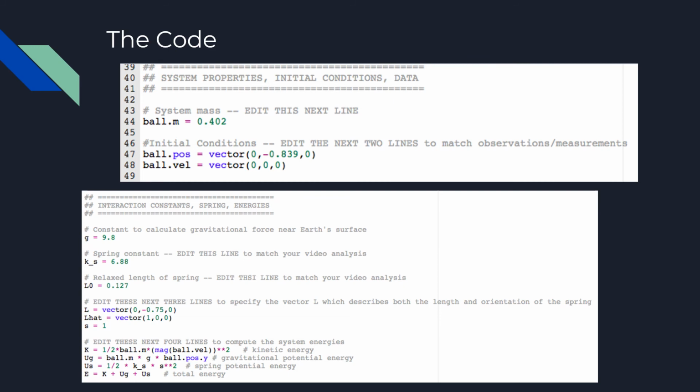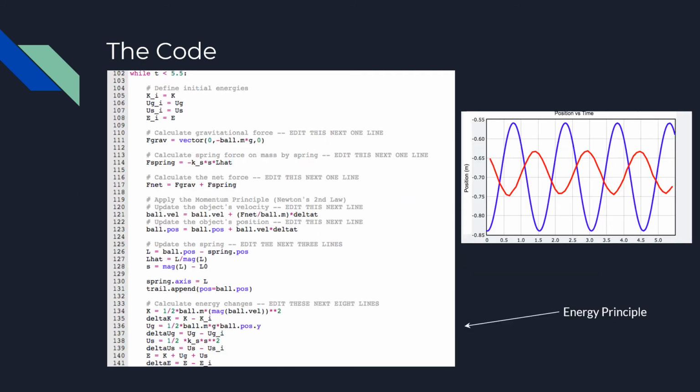Then the next lines are directly related to the energy principle: kinetic energy, gravitational potential energy, spring potential energy, and then the total energy is equal to all of those added up. This next part of the code is what these different forces will actually be, and I had to plug those in ultimately to find the graph to our right.